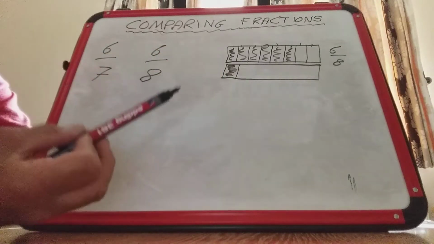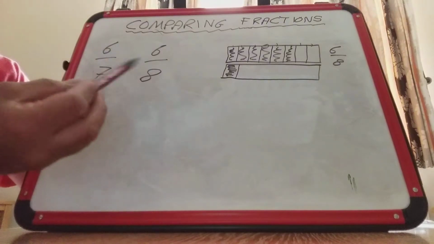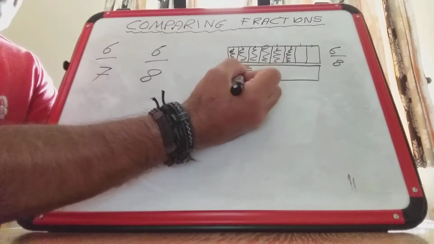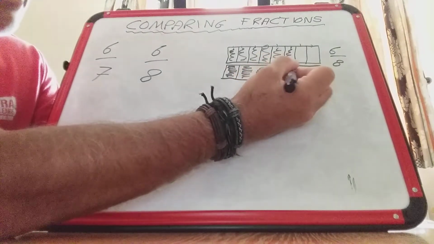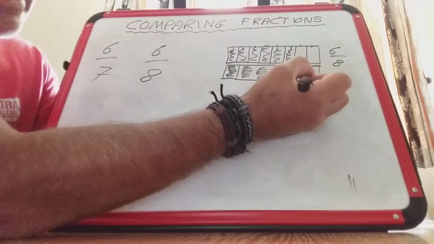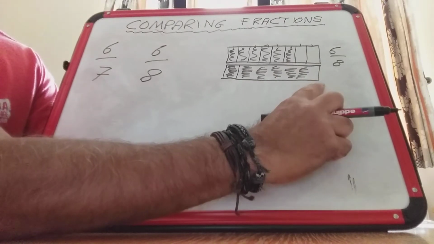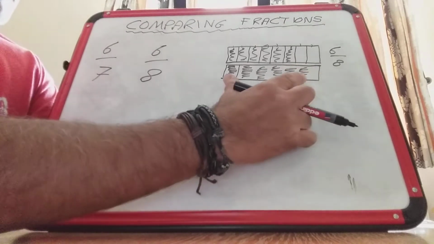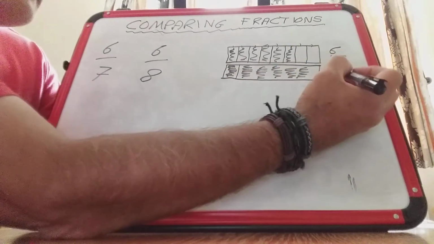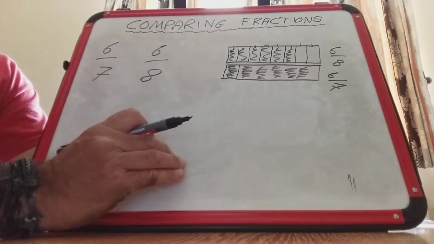Now, because we're looking at 6/8 and 6/7, when we come to do our shading, 2, 3, 4, 5, 6, the one at the end is not shaded. But when we do the shading, we're going to see that 6/7 is going to be bigger.